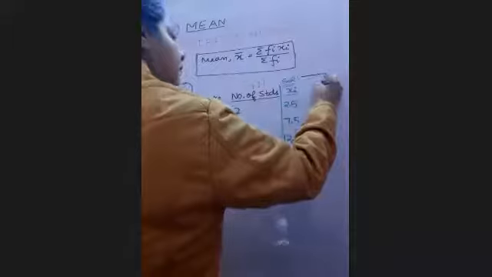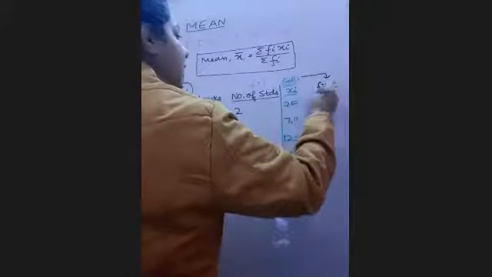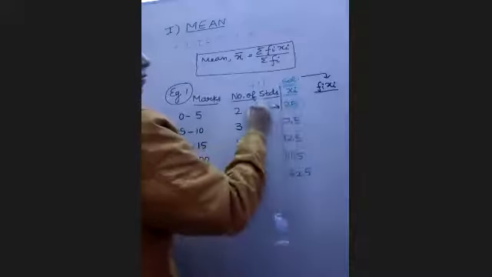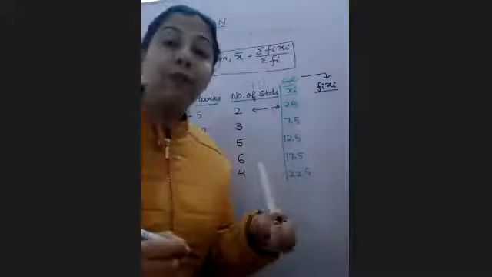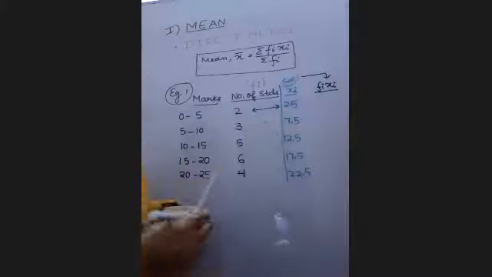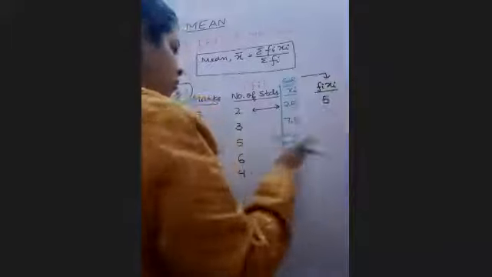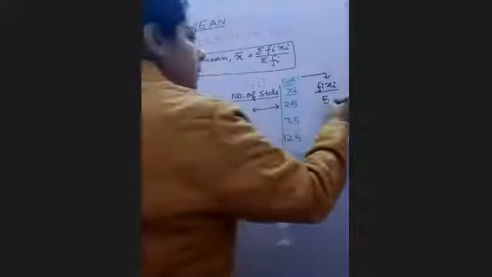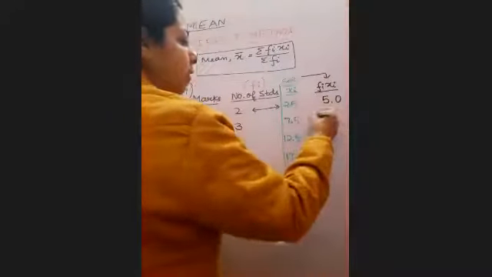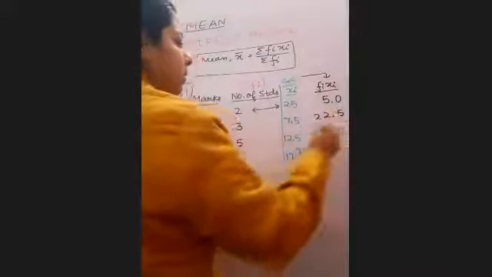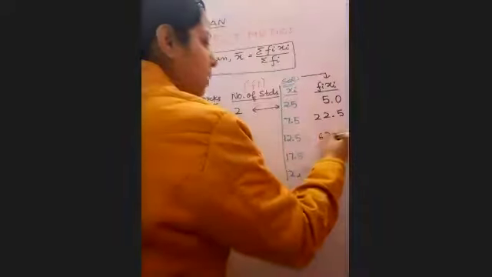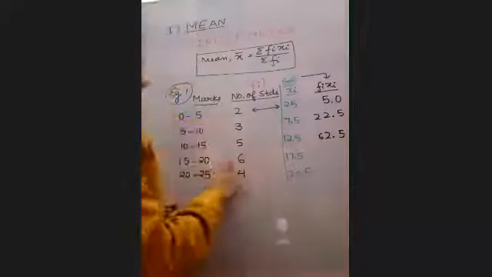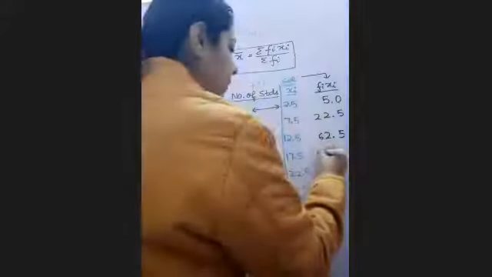fi xi. We are going to multiply fi and xi, that is, these 2 values. 2.5 into 2 is 5. Do orally whatever you can. 3 into 7.5: 75 into 3 is 225, but there is a decimal involved, so 22.5. 12.5 into 5 is 62.5. 17.5 into 6 is 105.